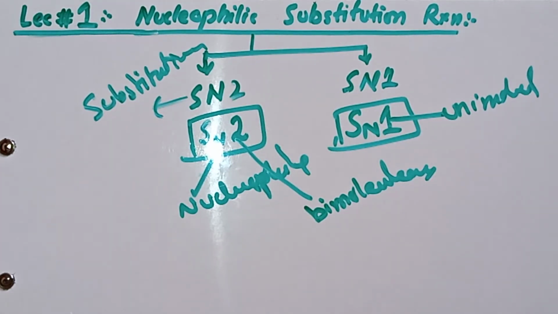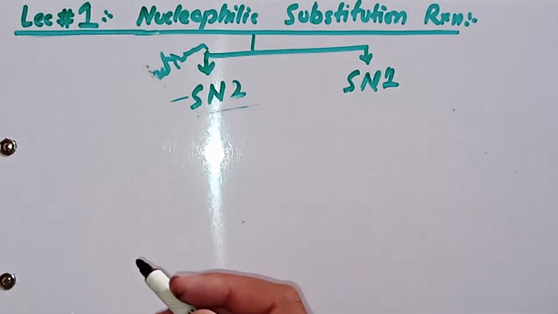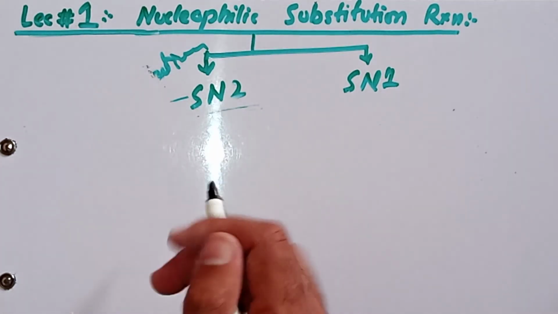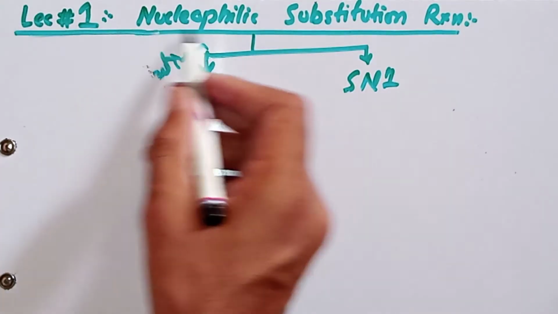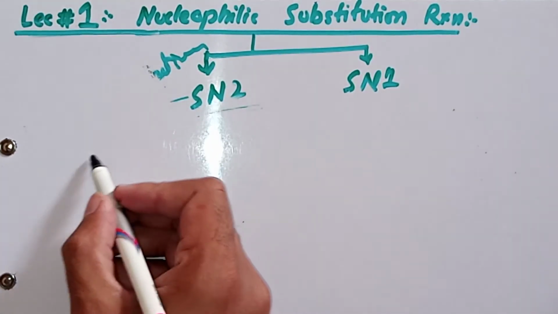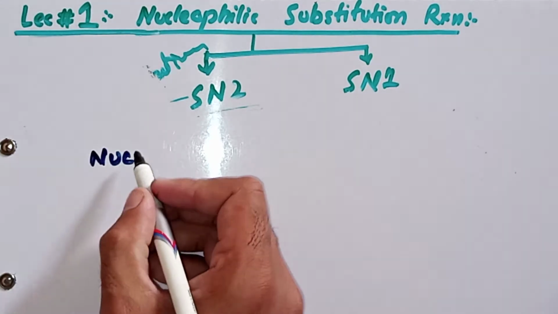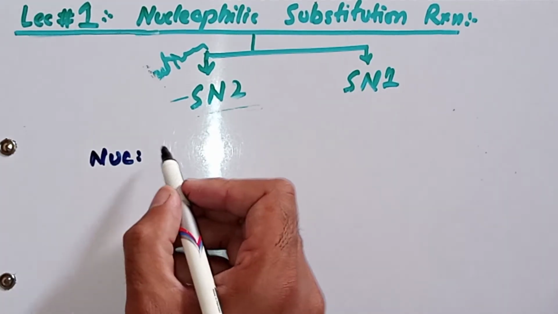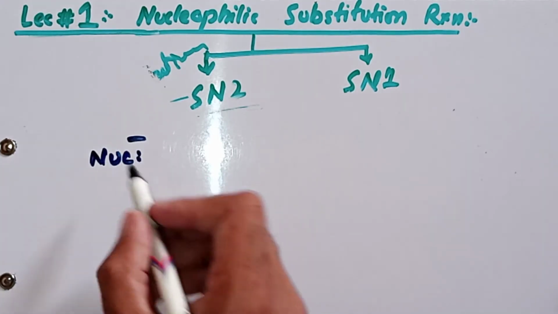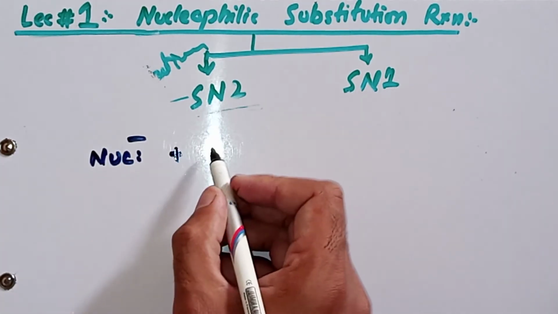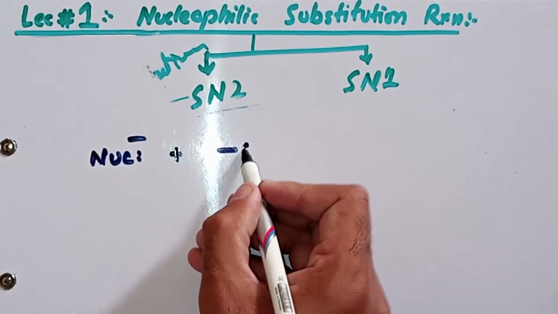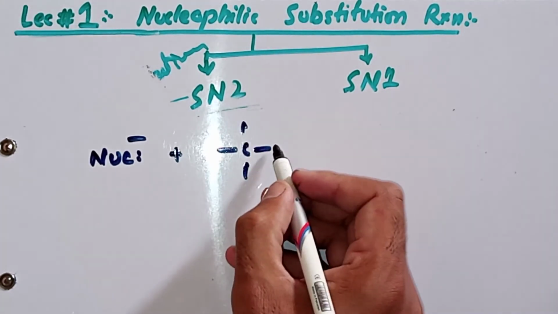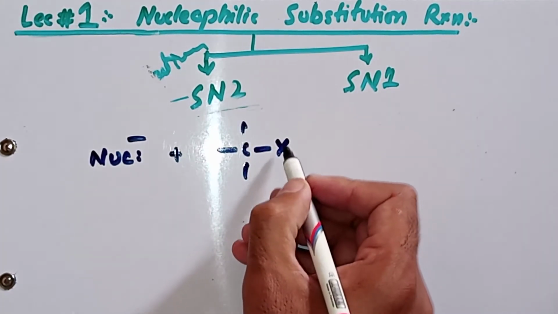What is SN2 reaction? First of all, the general form of nucleophilic substitution reaction, in which a nucleophilic attack occurs. This is the nucleophile having one lone pair, and you can also write a negative charge. This is the substrate, where X is a halide ion or leaving group.